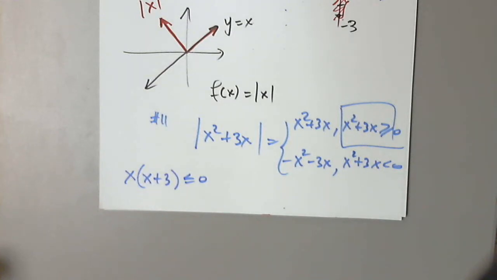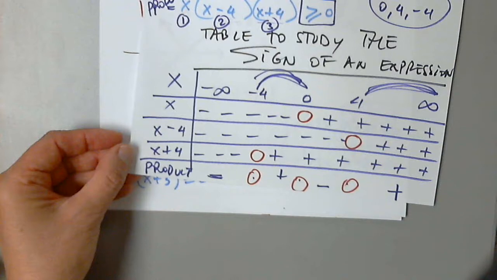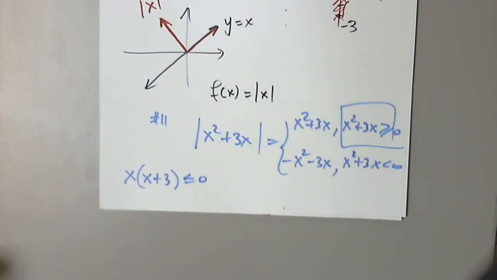Now you have only two factors: factor x and factor x plus 3, and then the product. You will have x and x plus 3, just 2 rows, and you determine the product. Is that clear? It's exactly the same problem, the one we looked at.